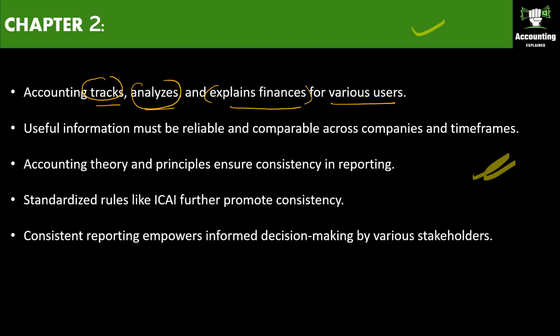Steel, rubber, etc. Then it takes expenses of labor, factory rent, electricity, etc. With that, they analyze them efficiently to see that they are producing cars in an efficient manner and they can identify the areas of cost reduction. Okay. And it is useful for various users.